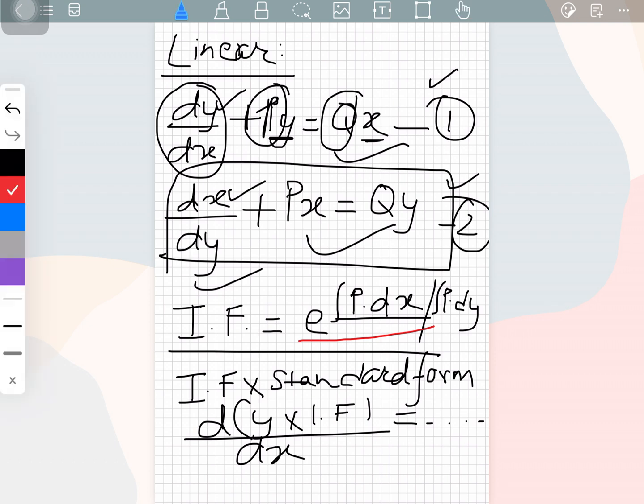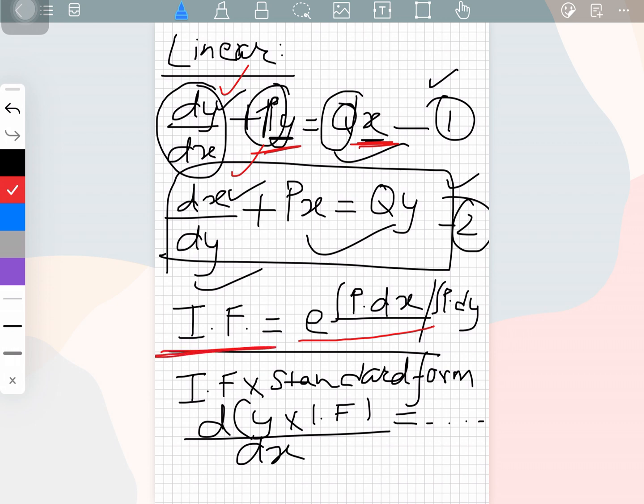Questions that are not usually solved using the methods of variable separation are solved by this method. So all you have to take care of is to try and make the coefficient of dy over dx or dx over dy as 1, and then make sure that if it is dy over dx, then y is on the left hand side and the term containing x is on the right hand side, and then find the integrating factor.